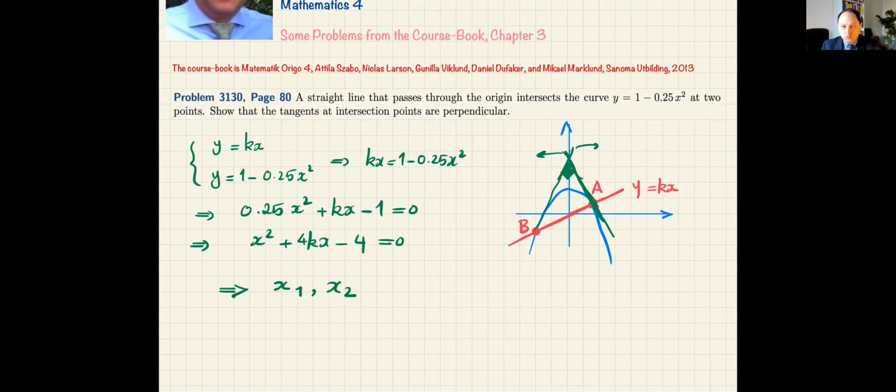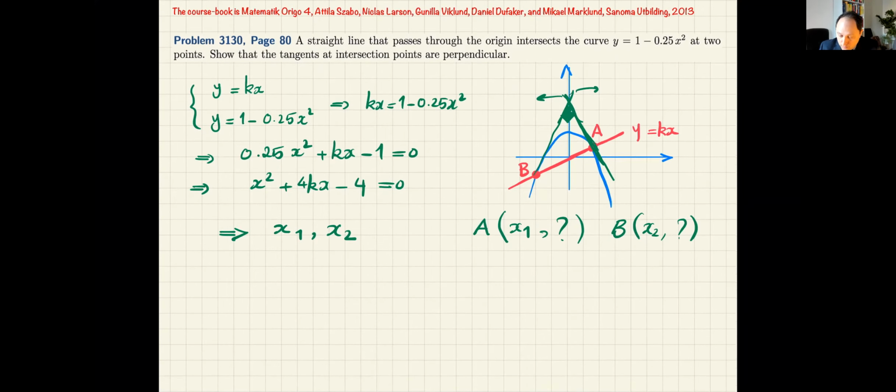So, for example, A has x1, and B has x2. If I want, I can calculate them in terms of k using the ABC formula, but I don't want to mess it up. Let me just pretend that we have already calculated them, but I want you to understand what's going on.